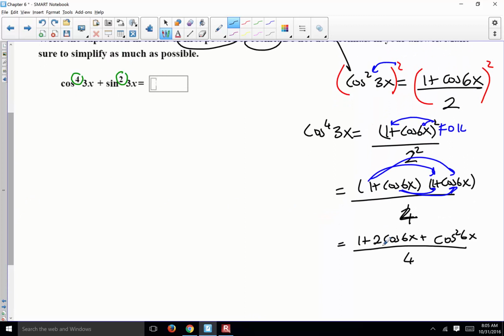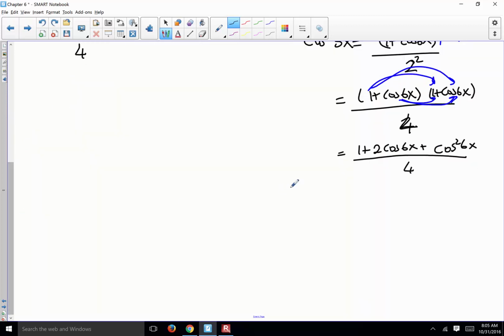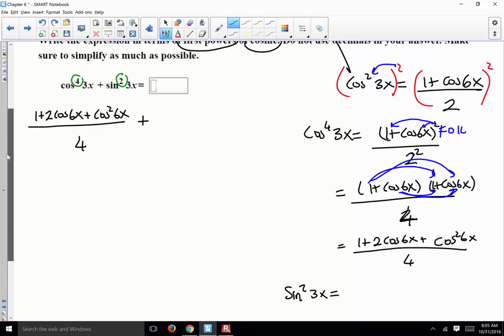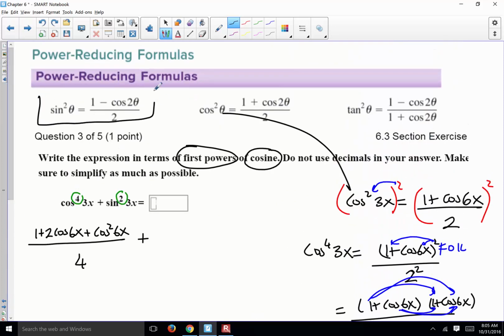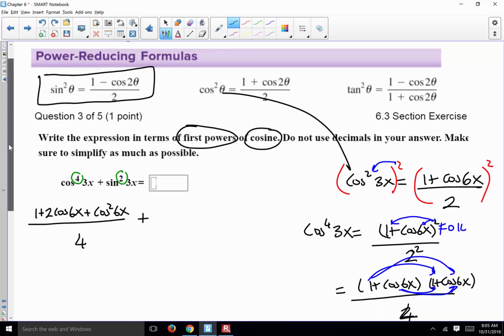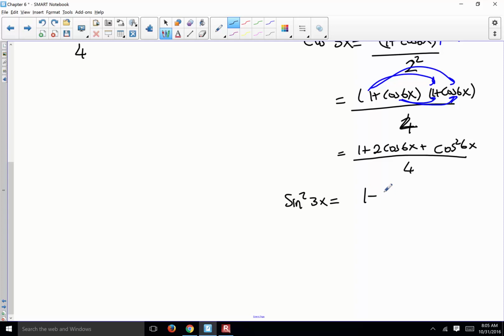Alright, so I will take this guy here. And for sine square 3x, I will copy this formula. Look, I have a sine square formula with instead of 3x, instead of theta, I will take 3x. So it's 1 minus cosine 2 theta.